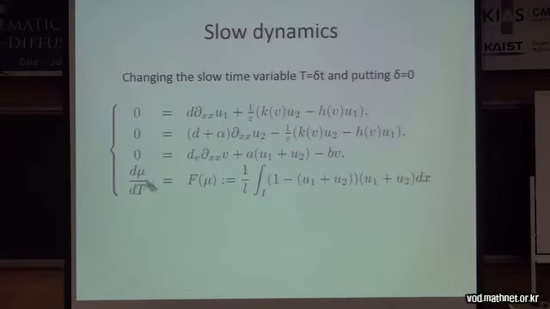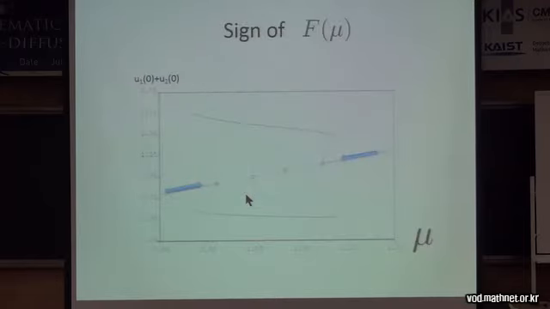The equation for mu is given by this, denoting f of mu. At least along the constant stationary branches, it is easily checked that the solution approaches this region like this.